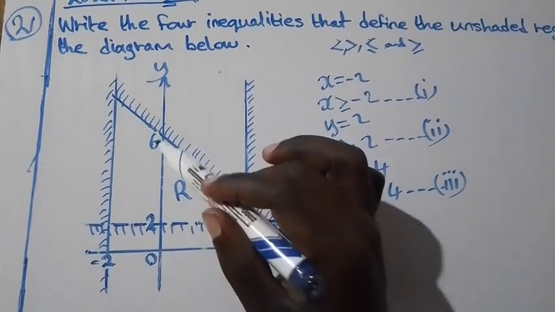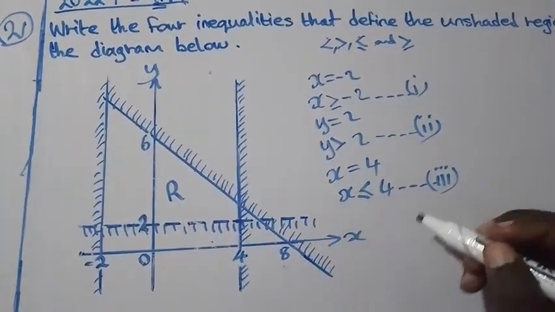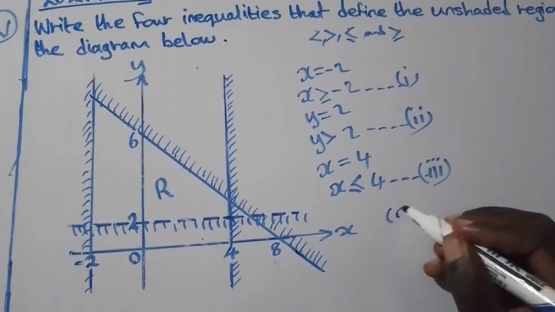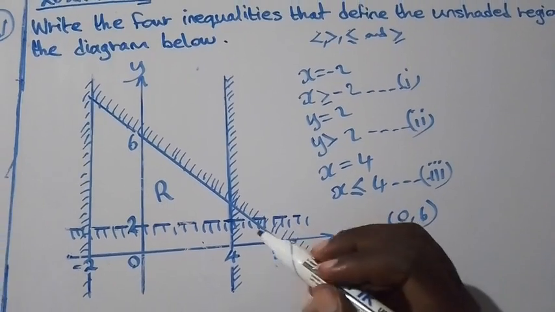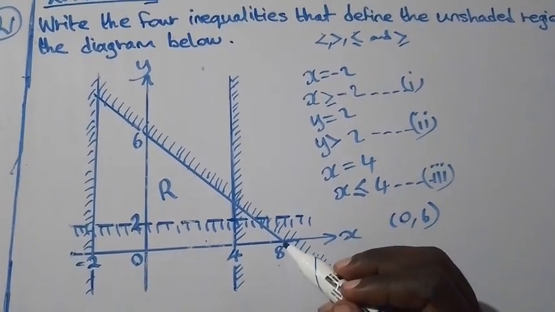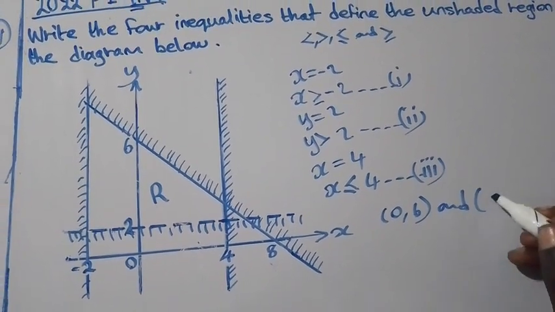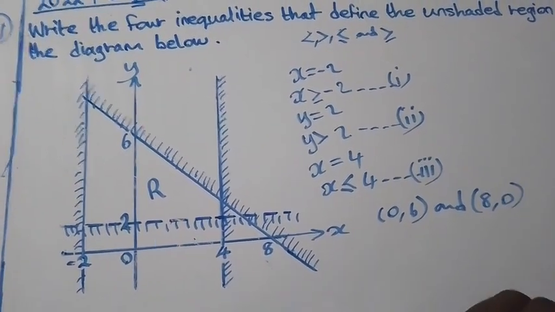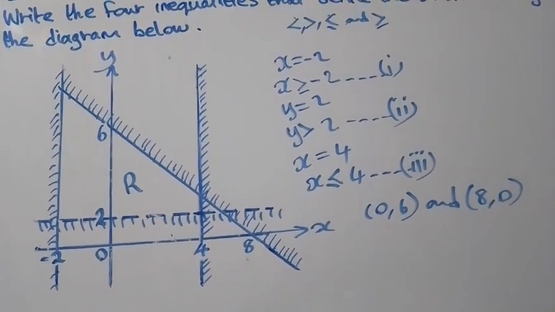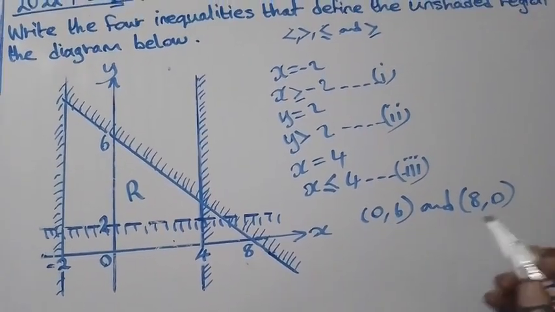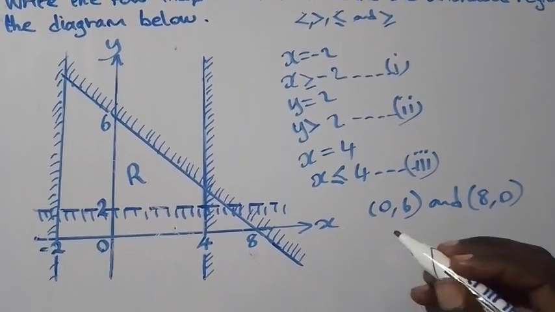So we have this point, which is (0, 6), and this other point, which is (8, 0). So we shall make the equation that is passing through these points.